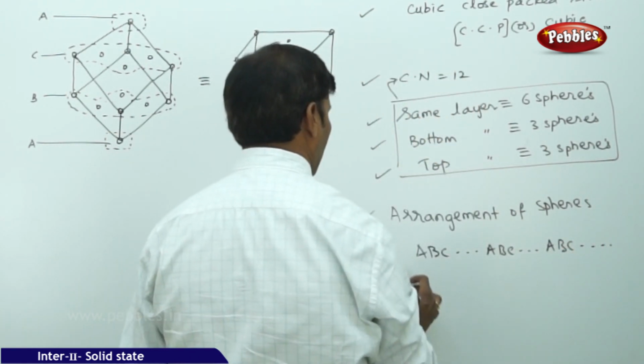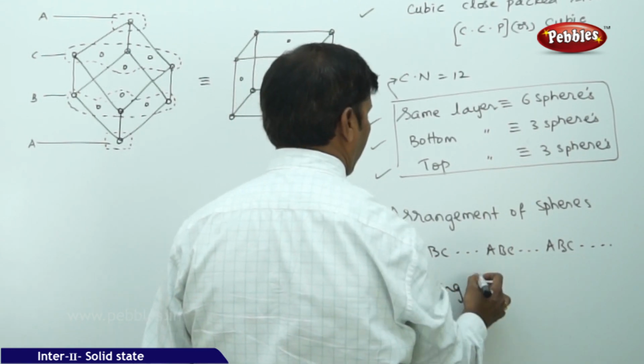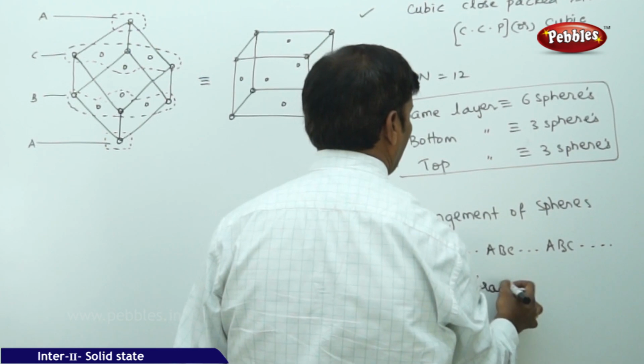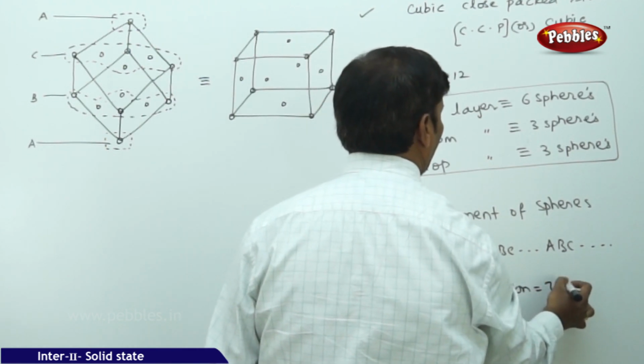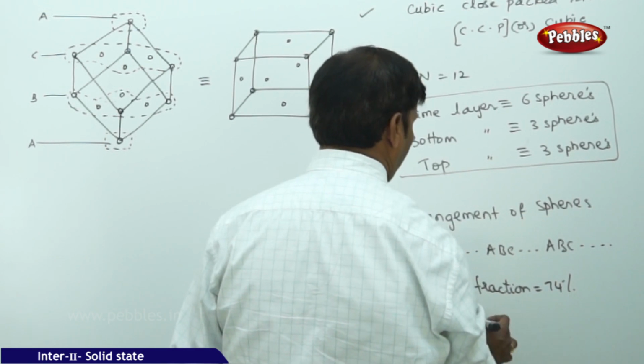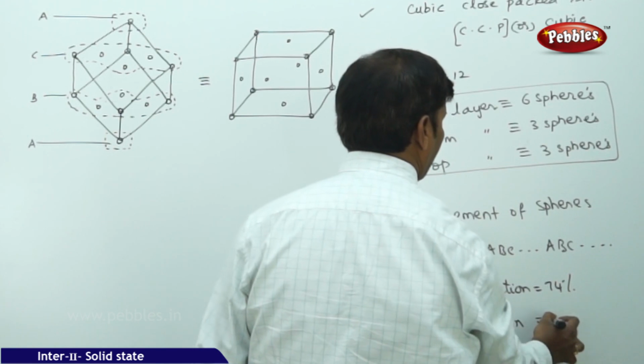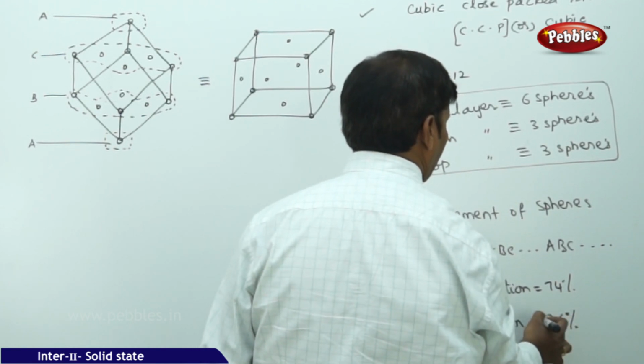And if you go for packing fraction percentage, it is 74%, and the voids fraction, just like HCP, is equal to 26%.